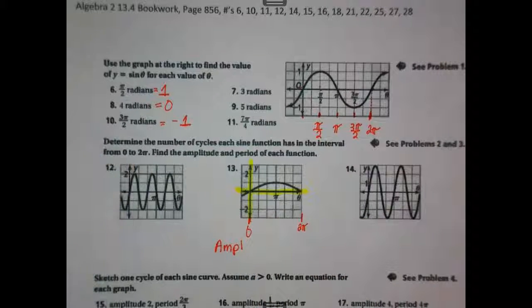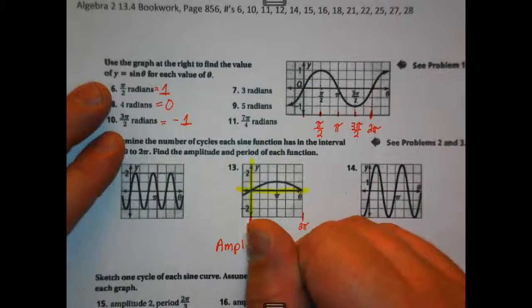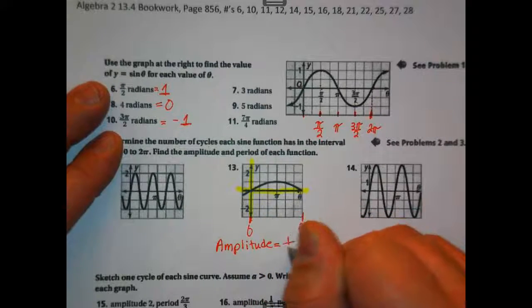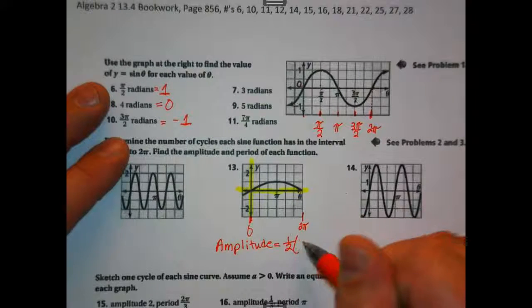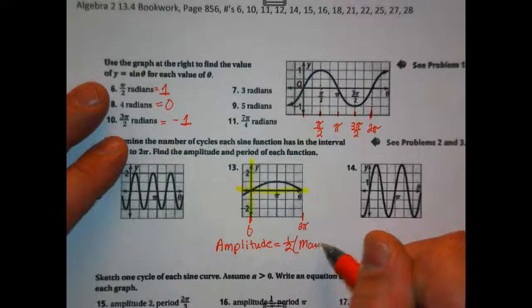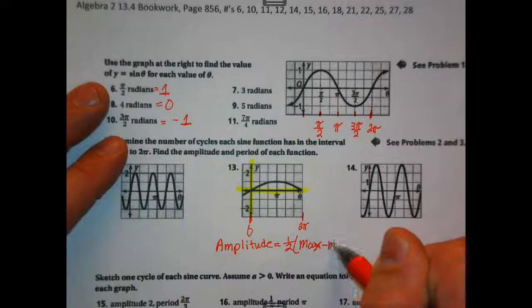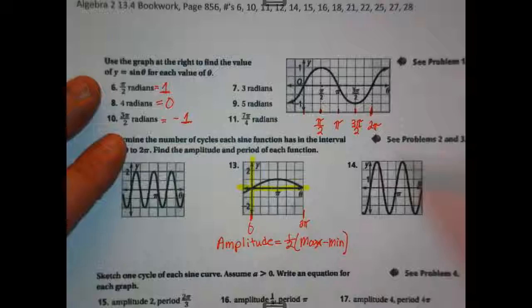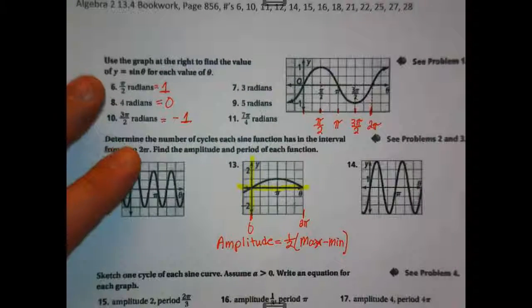Now, we have a graph, so we're going to have to use our formula, right? Amplitude is going to equal 1/2 the max minus min. If it was an algebraic equation, we would just use the coefficient A, right?